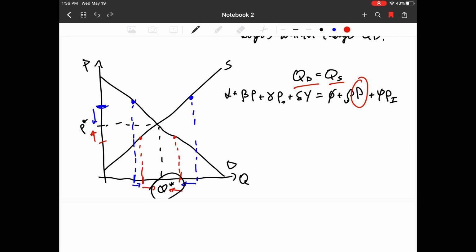Going through and solving for this, I'm going to skip a lot of the work here and leave it to you to work through.